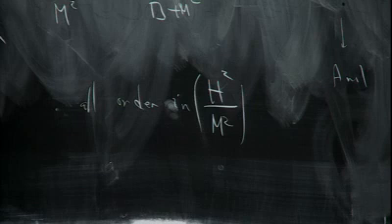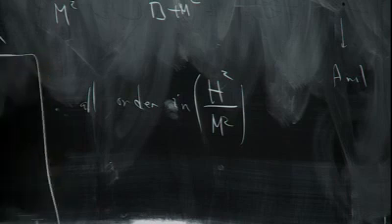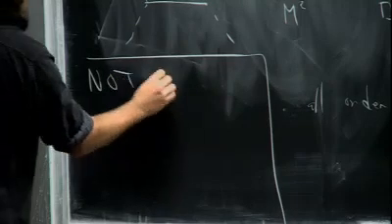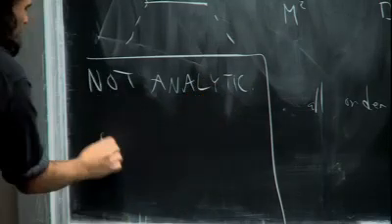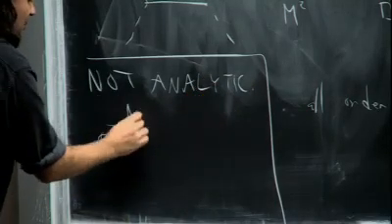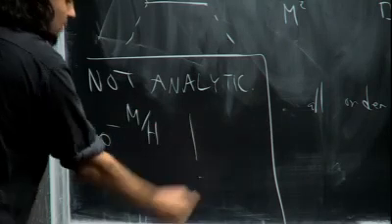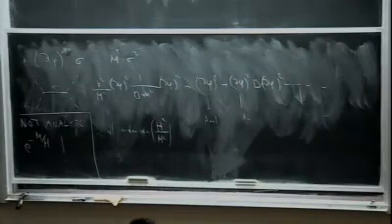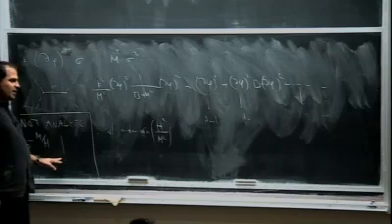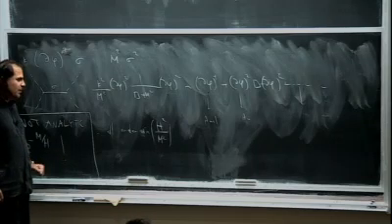However, there is an important correction, which is not analytic. Which is of order e to the minus m over H. Okay? I'll explain what this is intuitively in a moment.